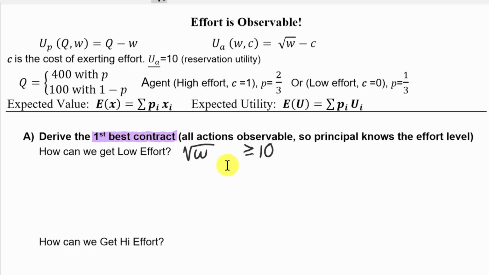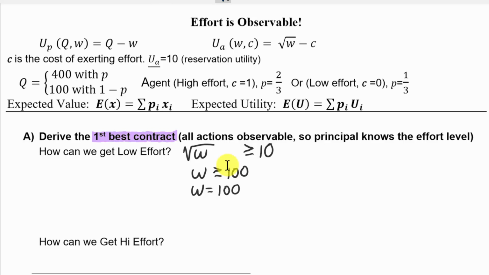We solve this for W, and we get that W has to be greater than or equal to 100. Simple enough. So the cheapest way is to pay them a wage equal to 100, because if we pay them less, they're not going to come on board. We could pay them more than 100, but that would not be profit maximizing.